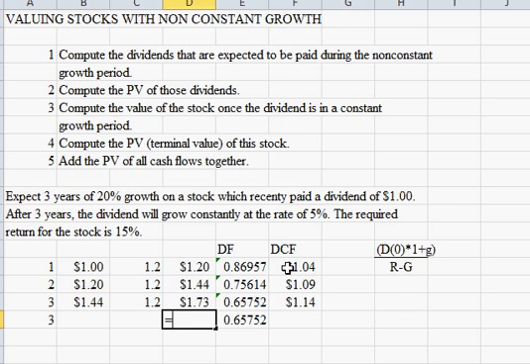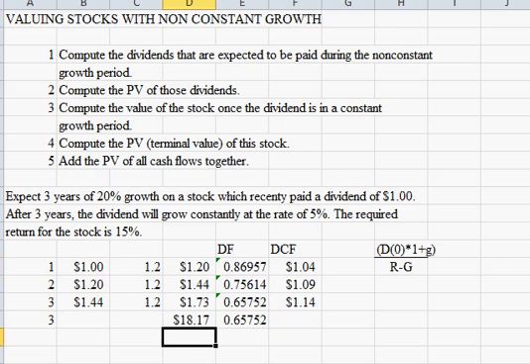So it equals $1.73 multiplied times 1 plus our growth rate now, and now it's going to fall down to 5%. So multiply times 1.05, and then divide that by the required return, which is again 15%, so 0.15, minus that growth rate of 0.05.